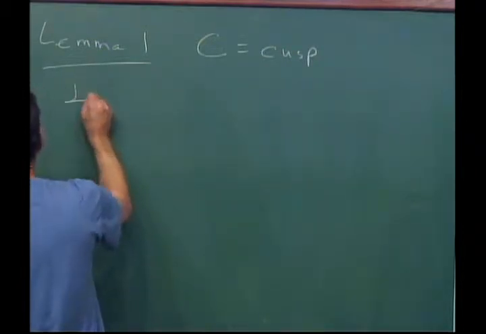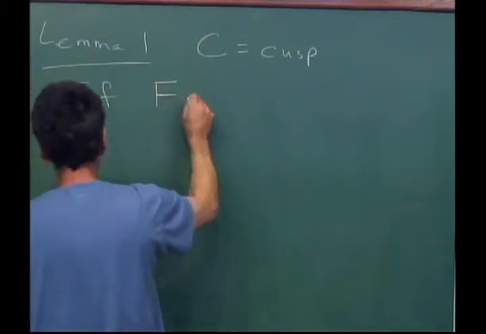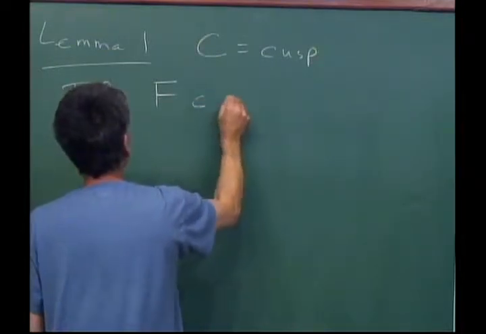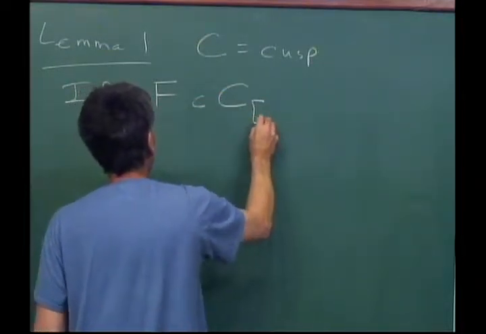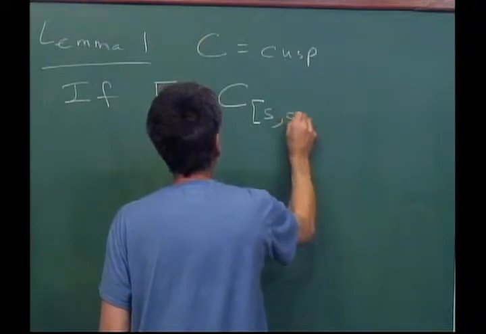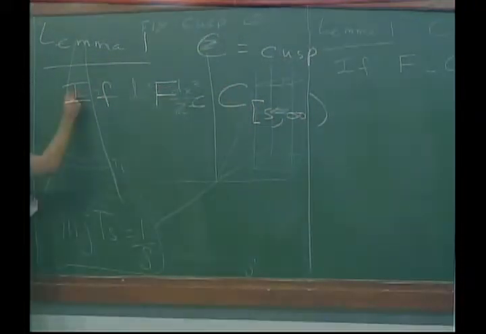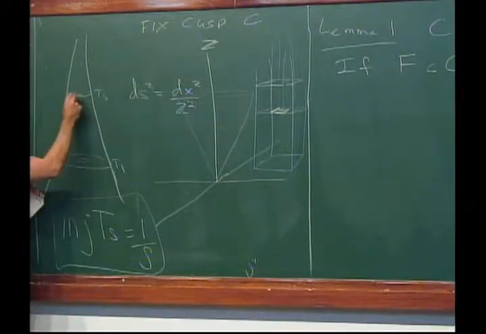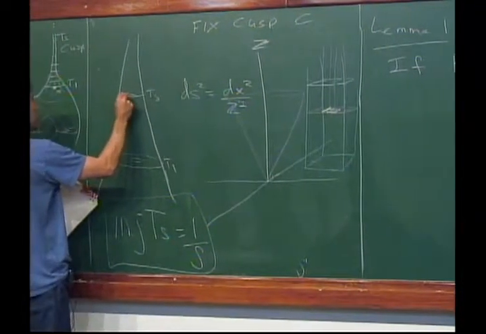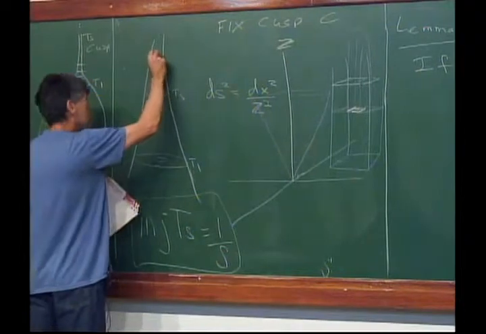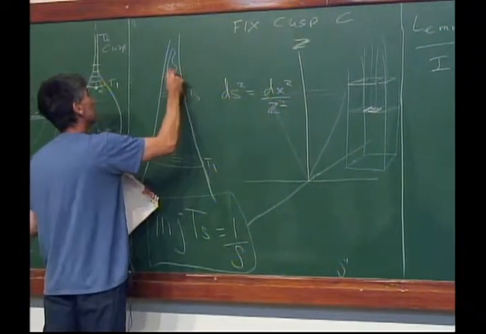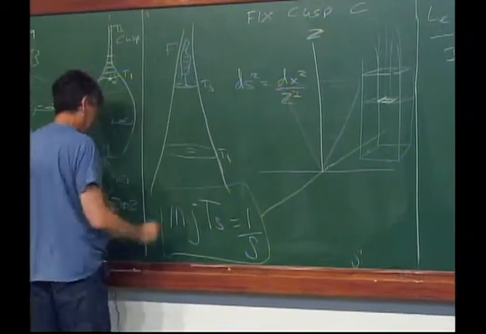Lemma 1 says that if F is a surface contained in this cusp with boundary on the torus T sub s, so you have some surface F like this.